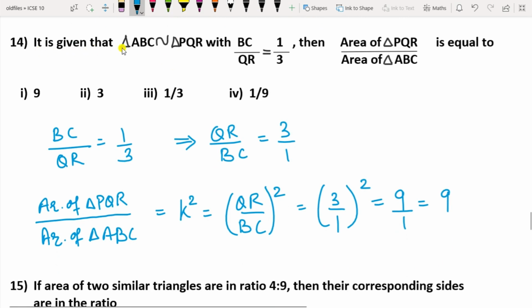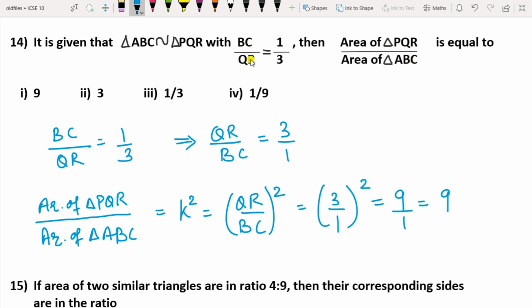Question 14. It has been given that triangle ABC is similar to triangle PQR with BC upon QR equal to 1 by 3. The ratio of the sides has been given. Then you have to find the area of triangle PQR upon area of triangle ABC. Now you can see here this is side BC upon QR, but triangle PQR is in the numerator and ABC is in the denominator.